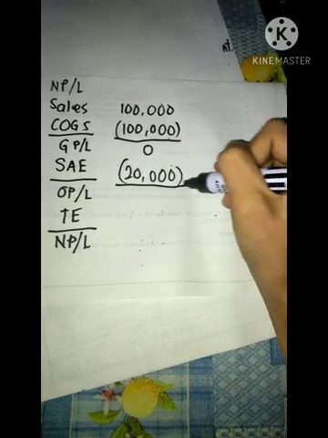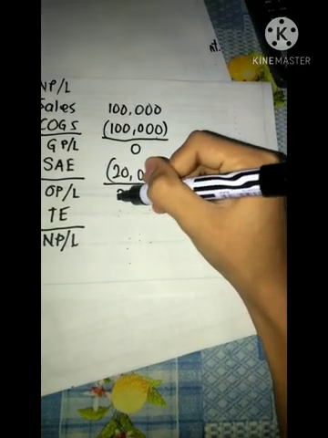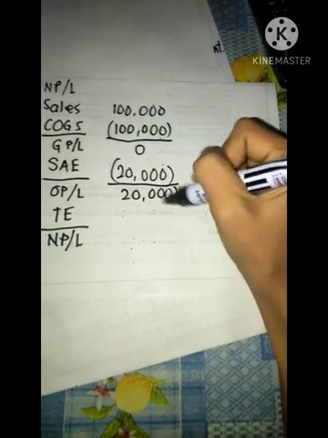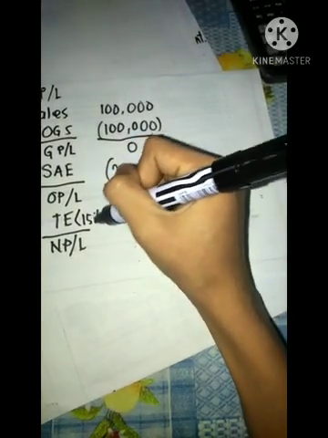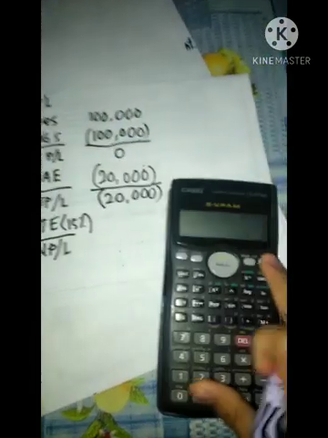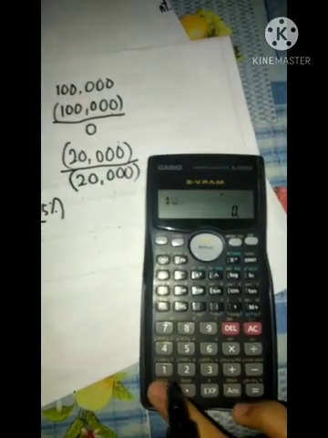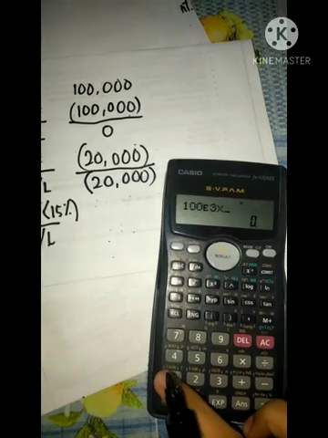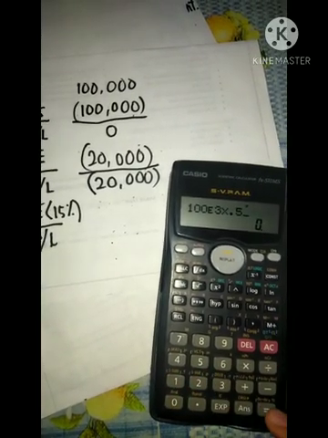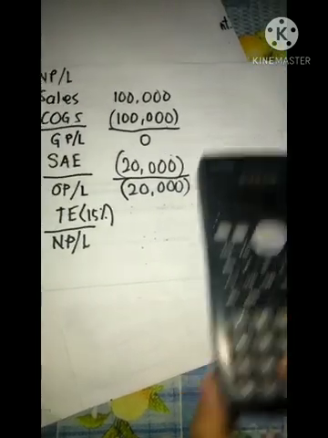Loss. Operating profit is loss of 20,000. Tax expense is still 15% of total sales. So, as computed a while ago, the 15% of sales of 100,000 is 15,000.